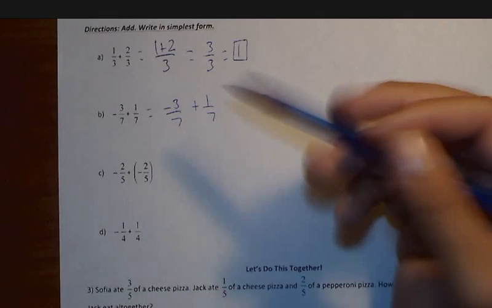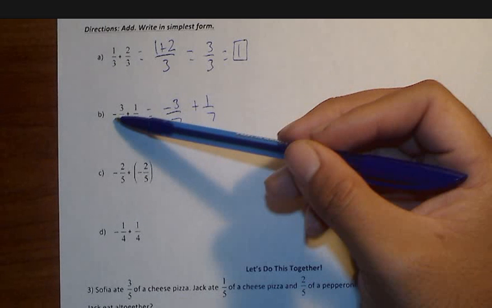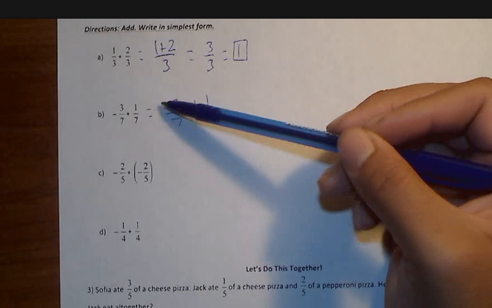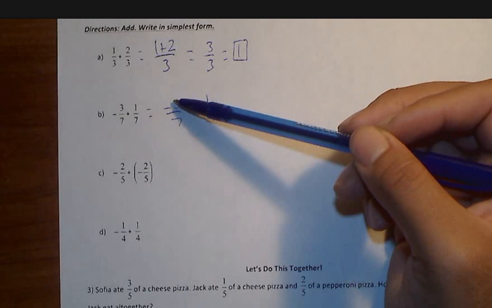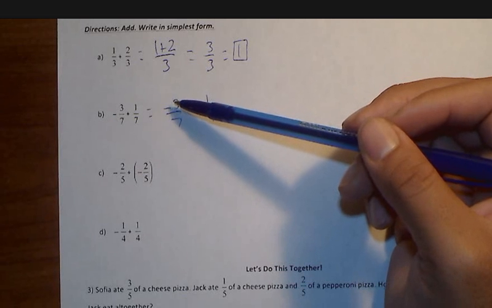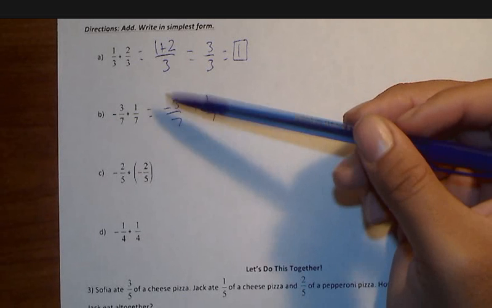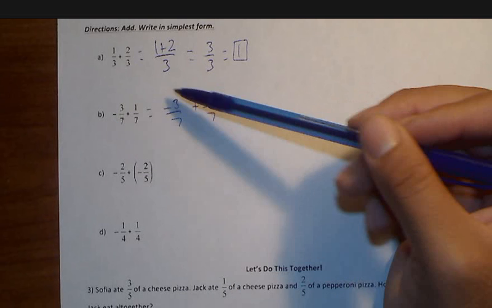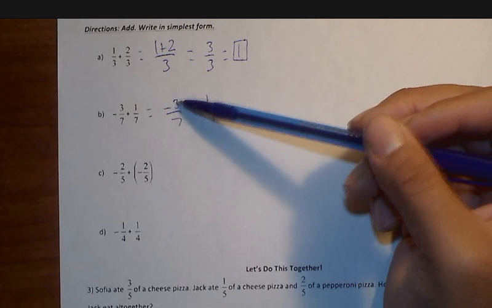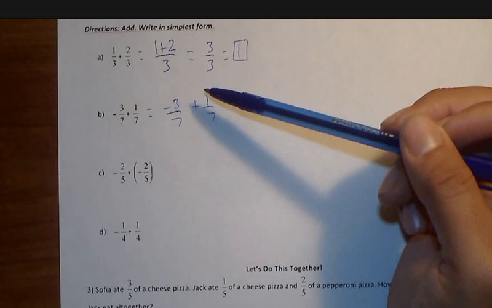I'm actually putting the negative sign that's right next to the divisor symbol up here in the numerator. Now I'm doing this because it just makes it easier for me to understand what sign the numerators have. Now, although technically -3/7 is the same as -3 over 7, I like writing it like this when I'm adding the numerators because it makes it easier to figure out what's negative and what's positive.